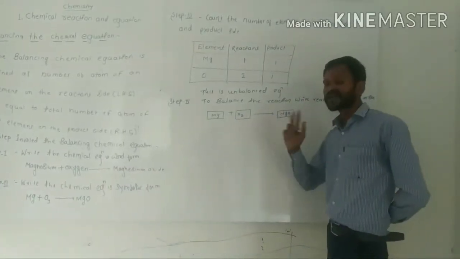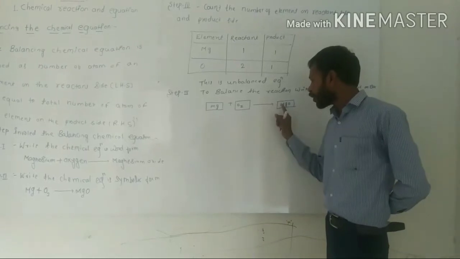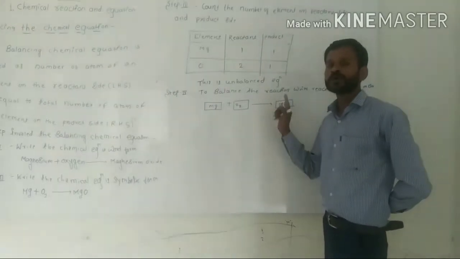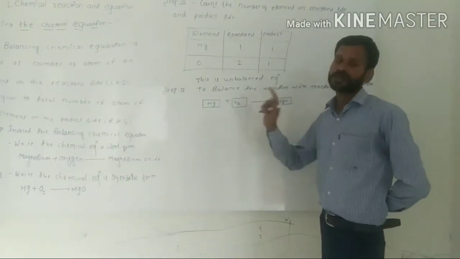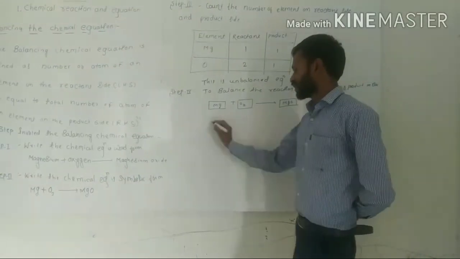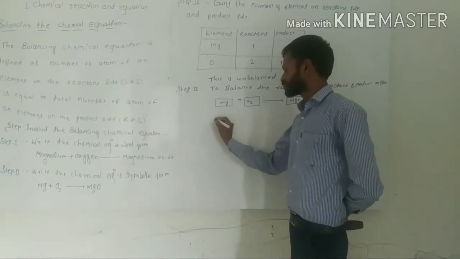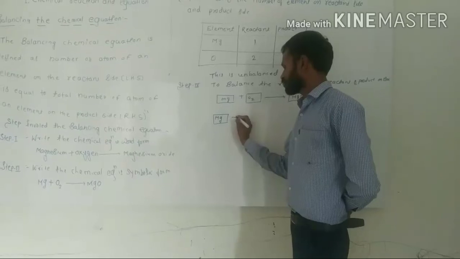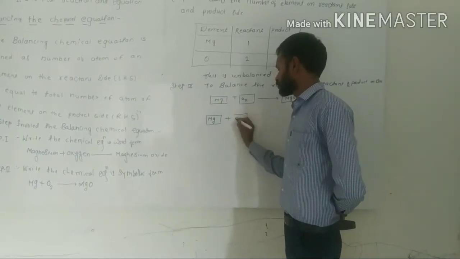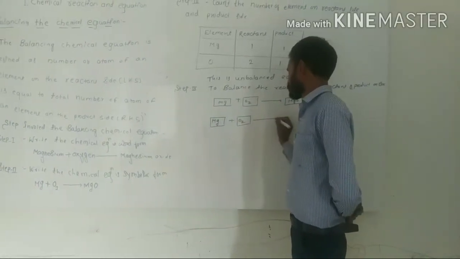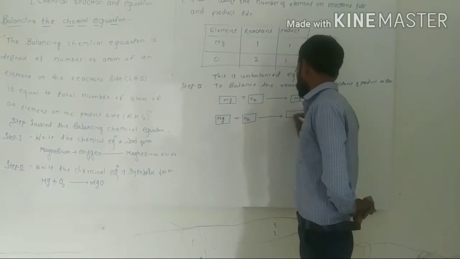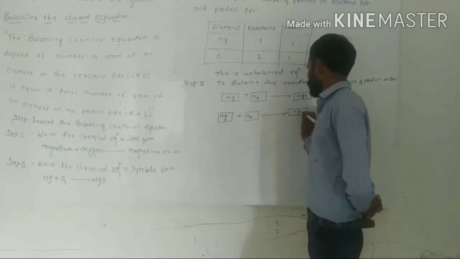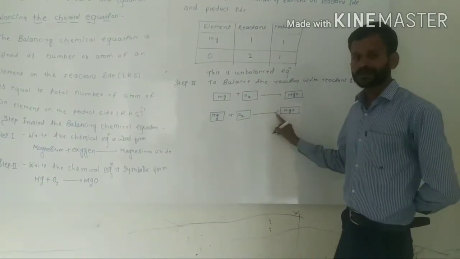When we multiply MgO by 2, then oxygen becomes balanced. Check: Mg plus O2 gives twice MgO, which means simply multiply by 2.